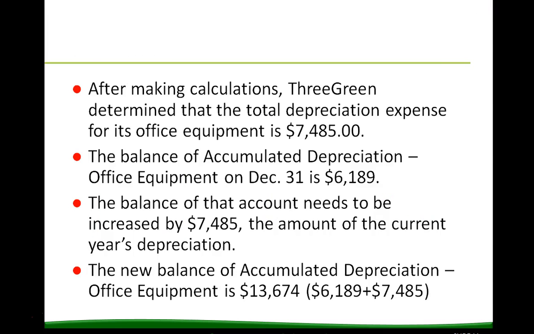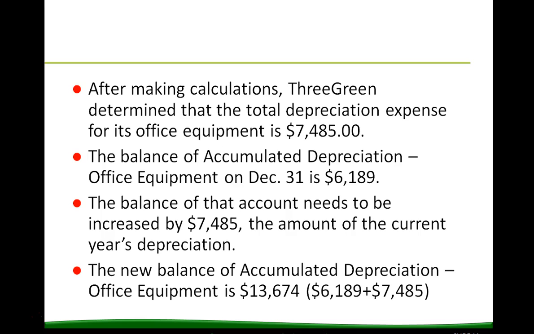All right, so after making calculations, 3 Green determined that the total depreciation expense for its office equipment is $7,485. The balance of accumulated depreciation office equipment on December 31st is $6,189.